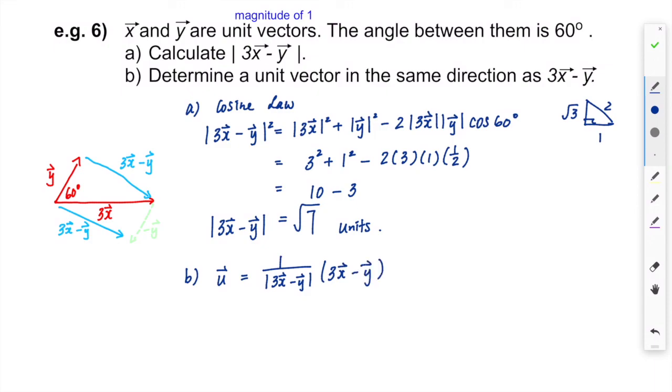So I have 1 over root 7 times the vector 3x minus y. And then I have 3 over root 7, or this can be written as 3 root 7 over 7, x minus root 7 over 7, y, just like that.